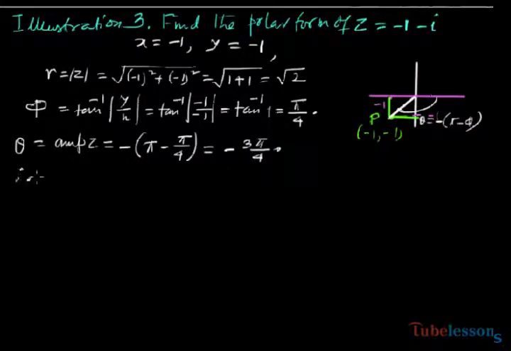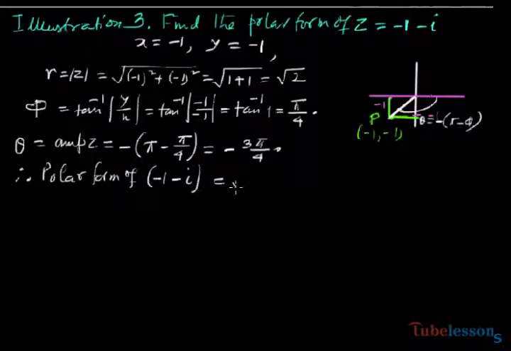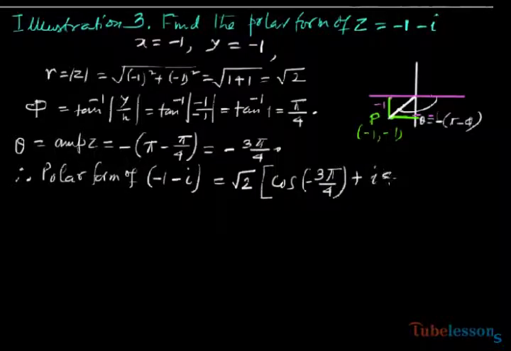So polar form is root 2 cos minus 3 pi by 4 plus i sine minus 3 pi by 4.